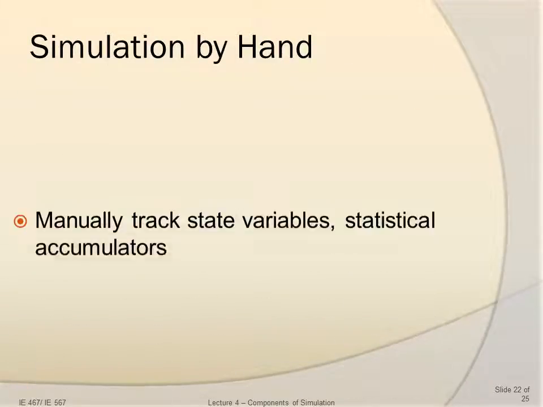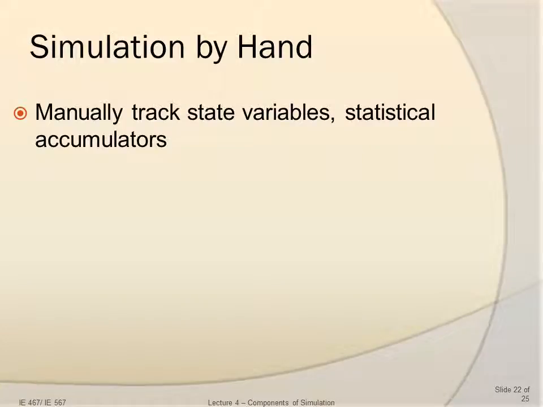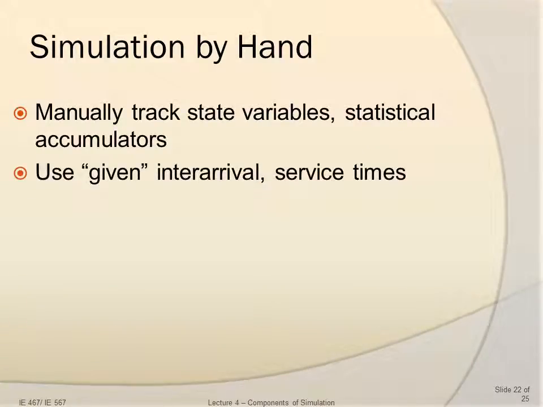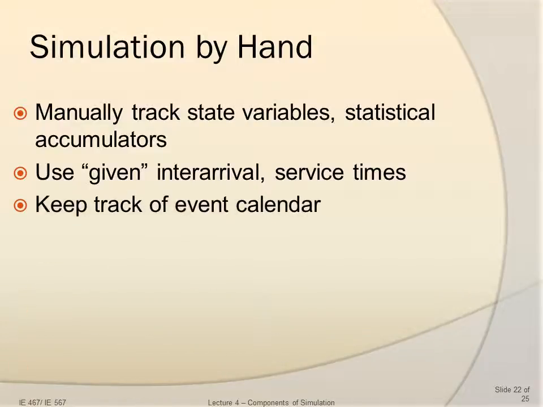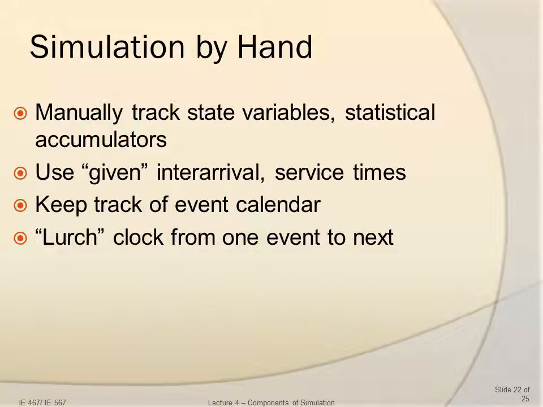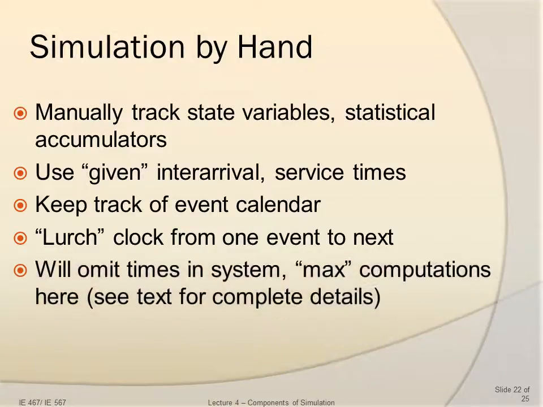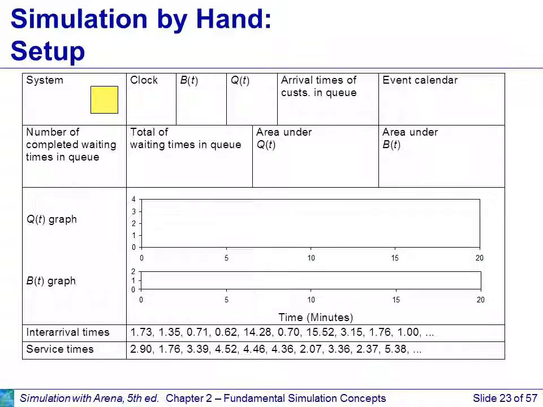So let's take a look at simulation by hand. We manually track state variables and statistical accumulators. We use given interarrival and service times, and we're going to keep track of the event calendar. We're going to lurch the clock from one event to the next, and we will omit times in the system and maximum computations here, so you can see more details in the Arena textbook. So let's go ahead and get started.